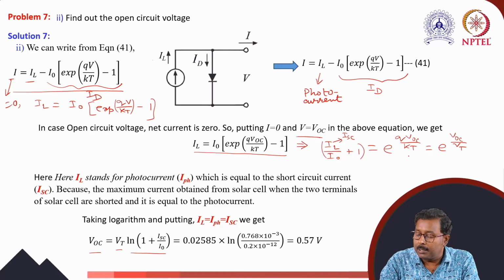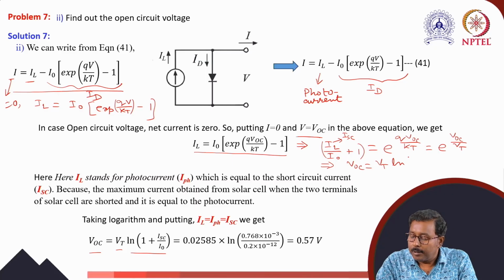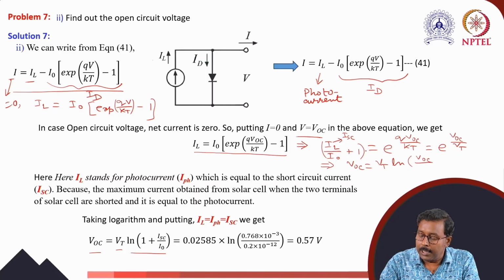If you take the logarithm of this expression, you can get VOC is equal to Vt ln(ISC by I0 plus 1).